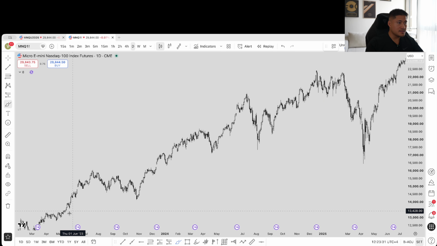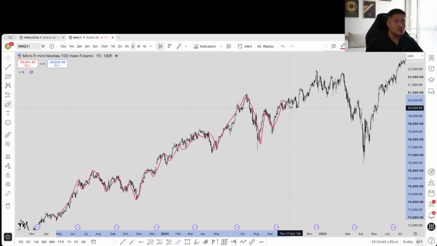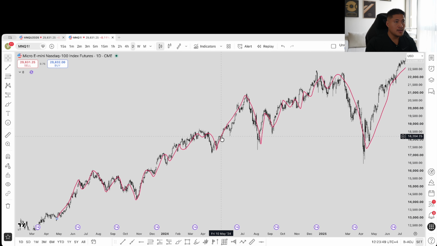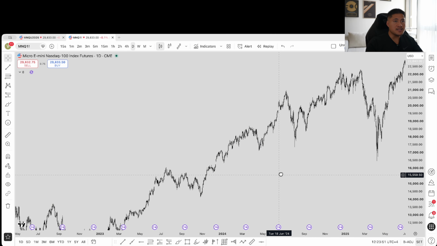For example, this is a clear uptrend. If we draw in the lines, we go upwards, upwards, push, push, push. So we are going upwards.